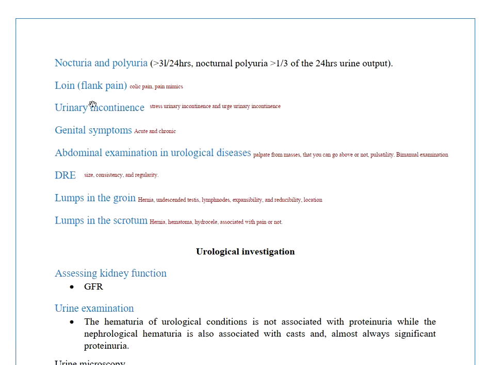So there is urinary incontinence. For urinary incontinence, you do have to classify.